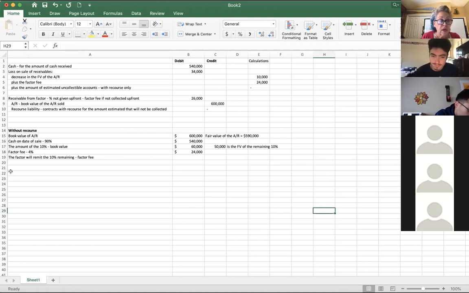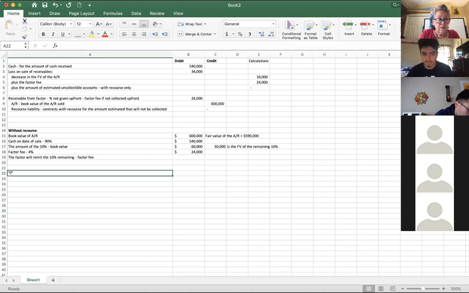I'm not going to redo this again. So everybody understand the journal entry and where the numbers came from. Notice in the book that it says loss on receivables and it says to balance, meaning that it's a plug entry.